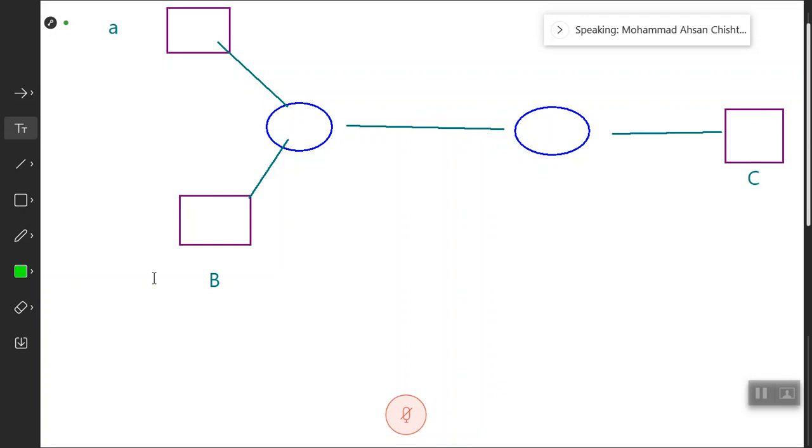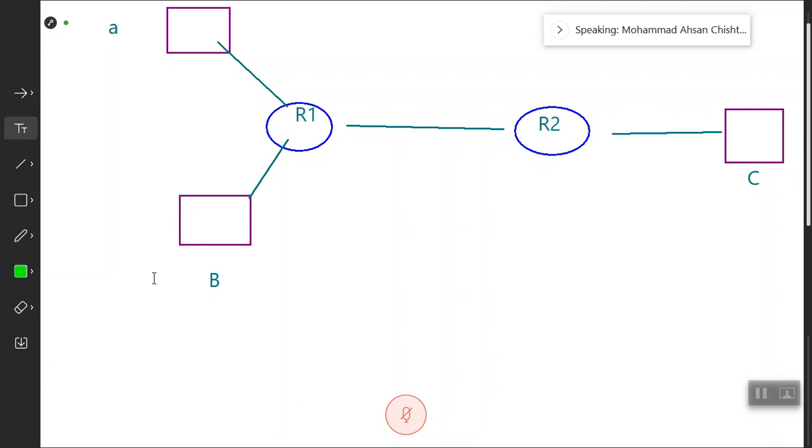I have a link capacity of, let me first say, these are the two routers. This is R1 and this is R2.